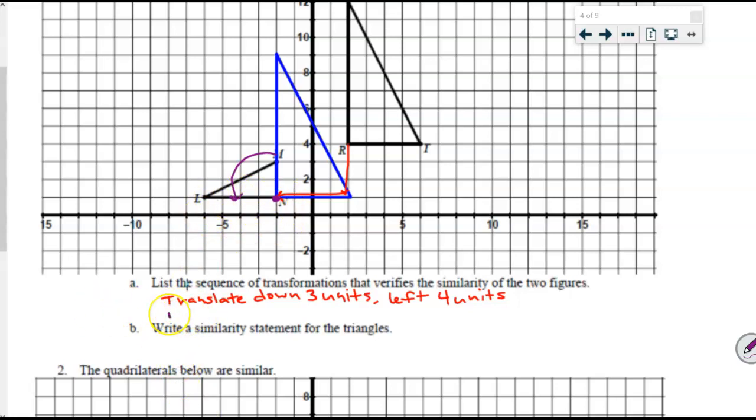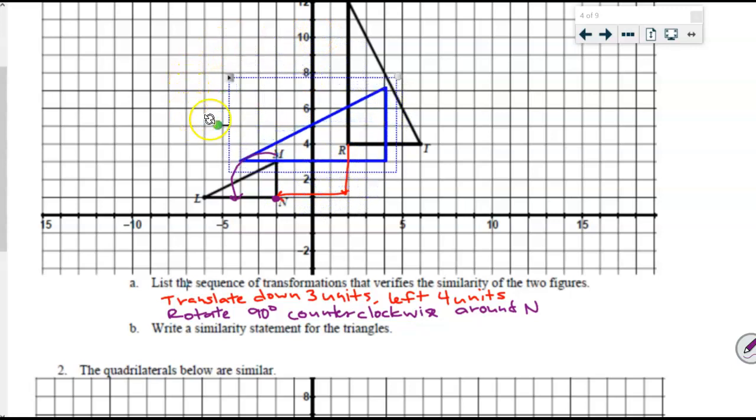So I'm going to rotate 90 degrees counterclockwise around N. When I do that, it lands right here, and I can see it's set up very, very nicely for a dilation now.